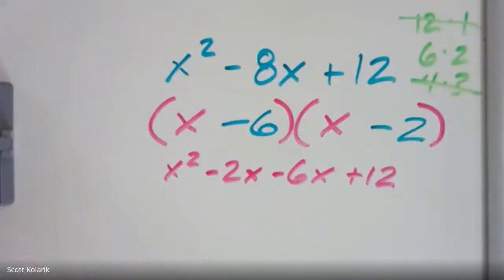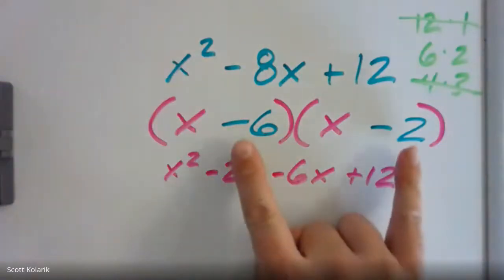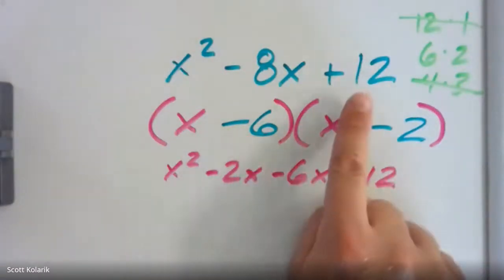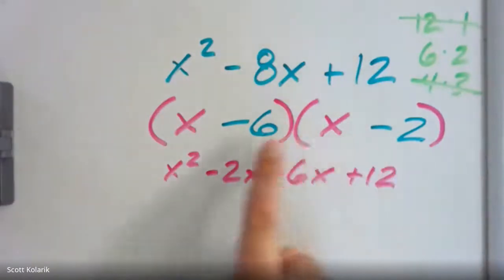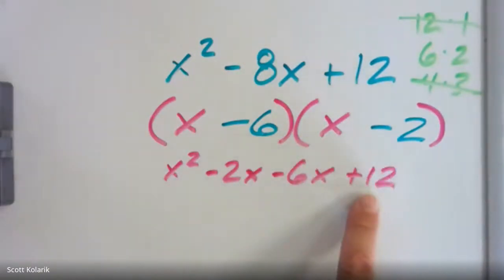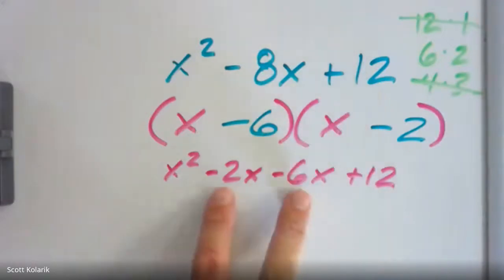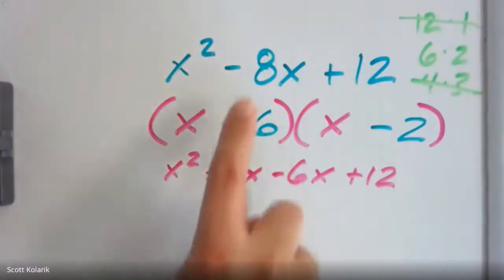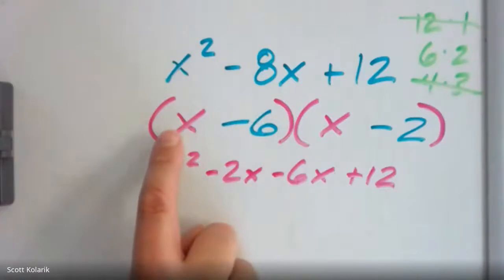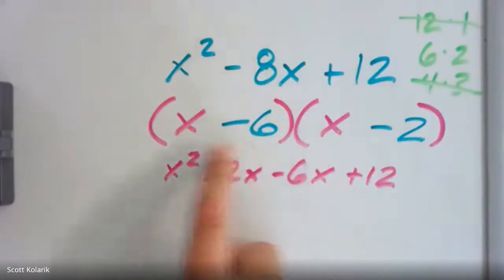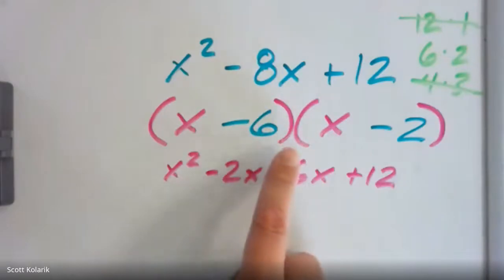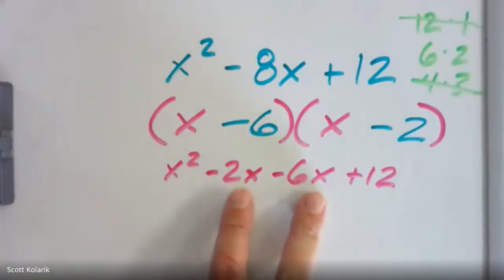And again, just to confirm why we did what we did, these two numbers multiply together to give me this last term because when I distribute this, ultimately I end up with that being multiplied together. Why did these have to add together to make this? Because when I ultimately do x times each of the numbers on the outside and then on the inside here, I'm going to get common terms.